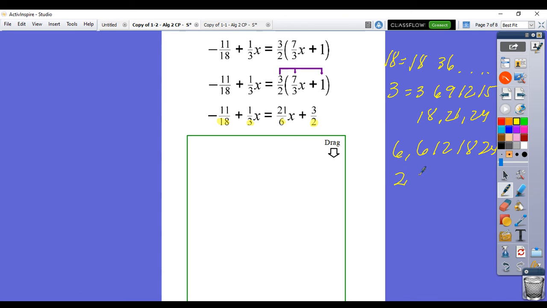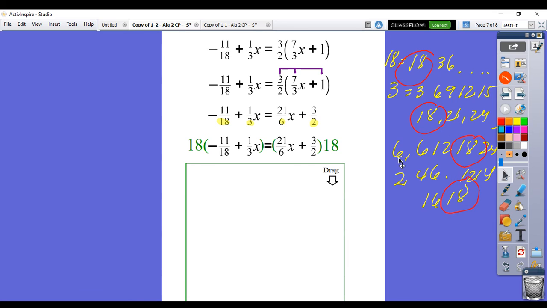And 2 is obviously 2, 4, 6, 8, 10, 12, 14, 16, 18. With all of them, what's the common? The common is 18. All of them have 18. So that means the common denominator there is going to be 18. And that means you're going to multiply 18 to all of them. And I showed you a while ago, it's simpler this way.